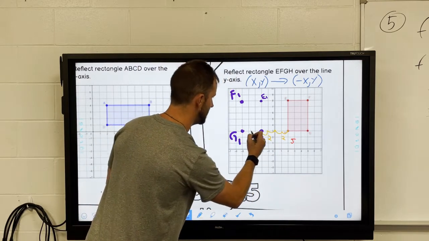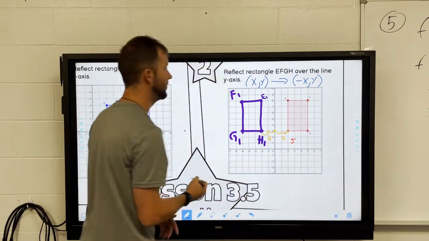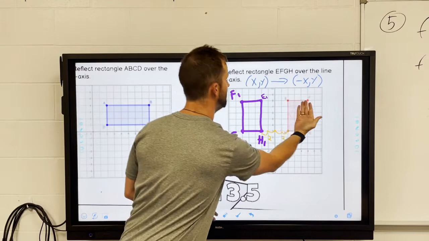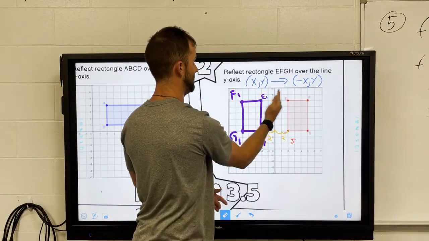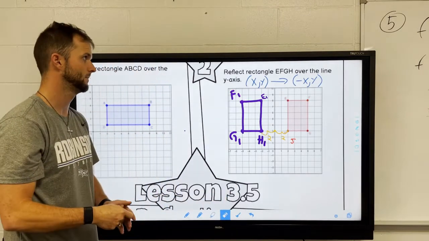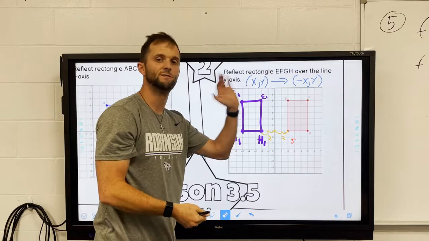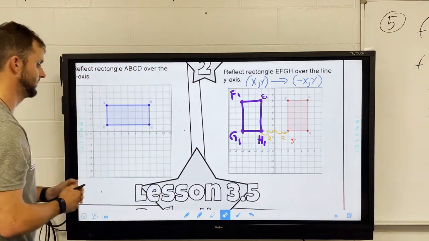So ladies and gentlemen, if you want to look, this is going to be the rectangle EFGH reflected, or flipping, over the y-axis. You can see it's flipping. F is flipping all the way over here, okay? So again, that's how you do it mathematically, and that's also how you do it physically by counting if you wanted to do that, okay? Let's jump over to example number 3.